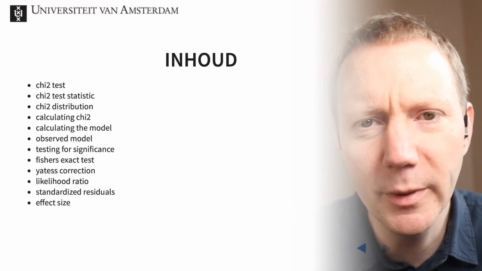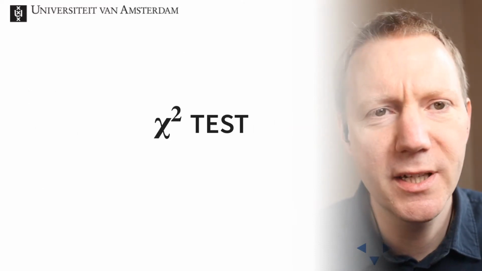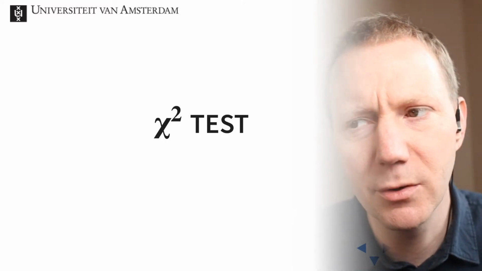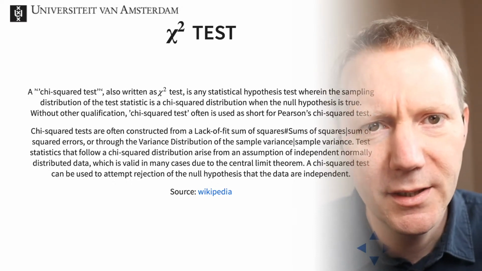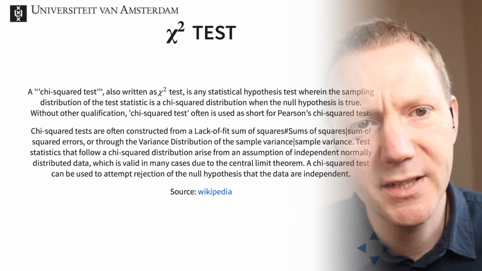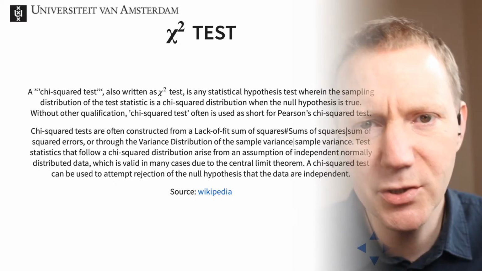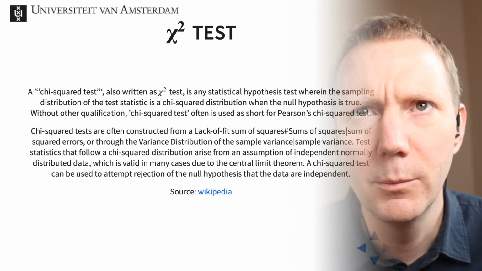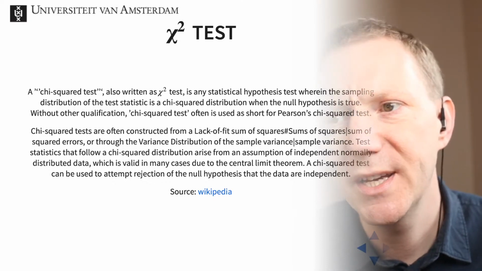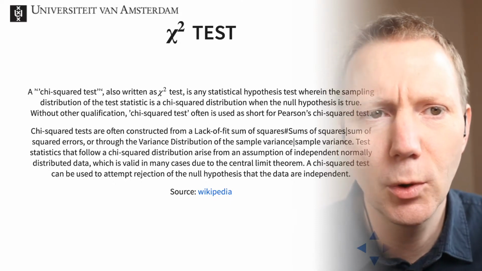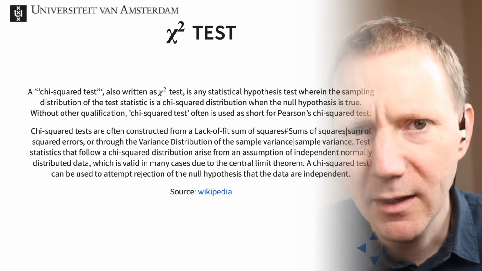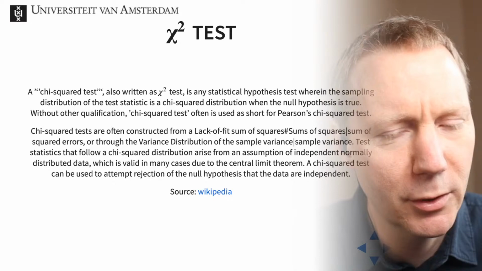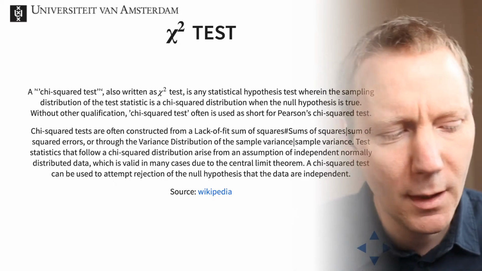So we'll be looking a little bit into that, but it's interesting in the sense that it's a test of its own, in the sense that you can perform a chi-square analysis, a test to essentially determine the, I would say, correlation, but then at categorical values.